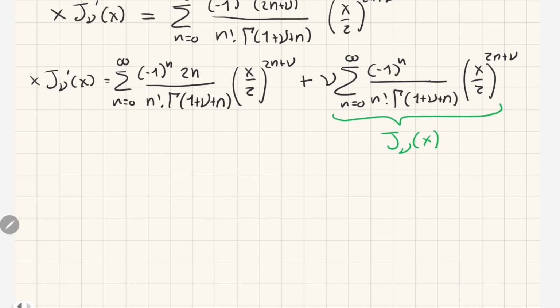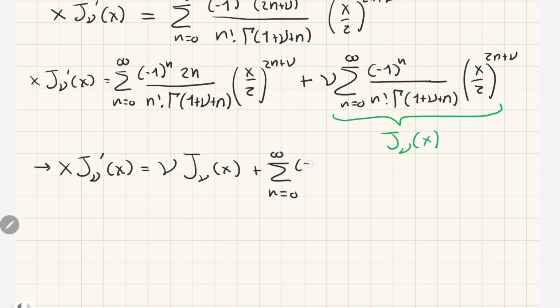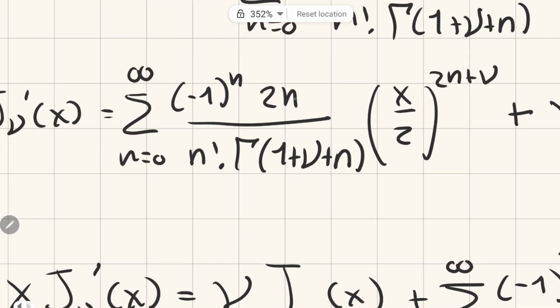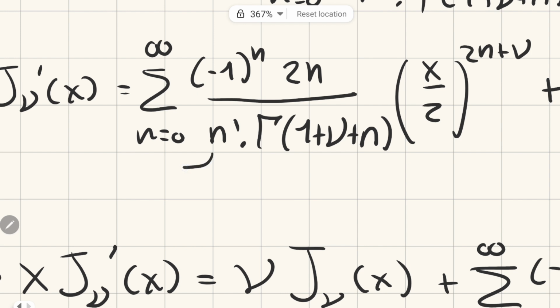So we are going to get that x J sub nu prime of x is equal to nu J sub nu of x plus the sum from n equals 0 to infinity of minus 1 to the n. And here, look that we have an n divided by n factorial, but n factorial can be seen as n times n minus 1 factorial, right?